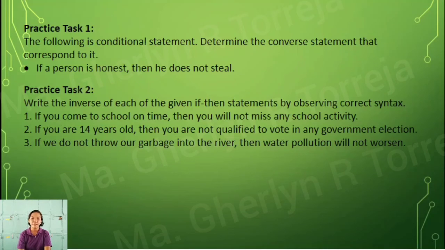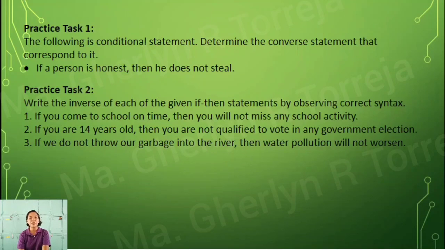So, pag na-identify nyo na yung hypothesis at yung conclusion, madali nang isulat yung ating converse kasi i-interchange lang natin sila. So, kung ang ating conditional statement is if P, then Q, pagdating sa ating converse statement, babalik na rin lang, so magiging if Q, then P.